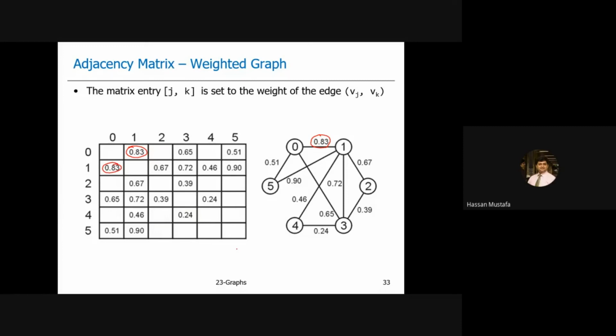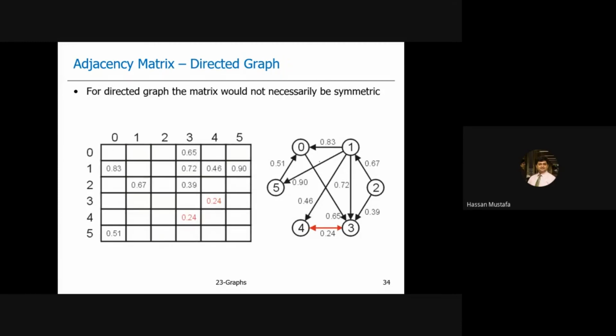Okay, then the last thing that we would like to show here is that we can store a directed weighted graph as well. In this case, I do not have an edge between 0 and 1. In fact, I have an edge between 1 and 0 with the weight 0.3. But for 0 and 1, I do not have a weight, so in that case, I would store a value 0.